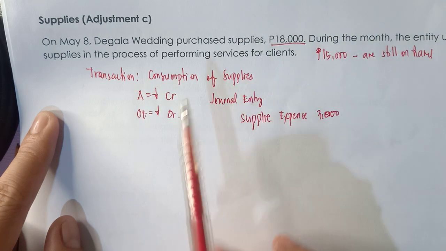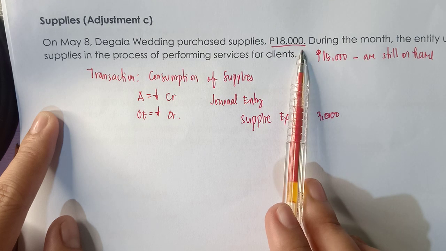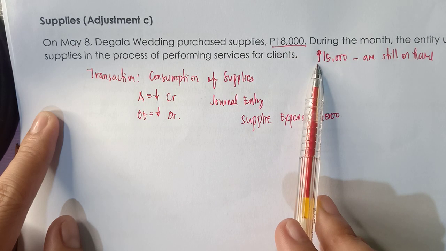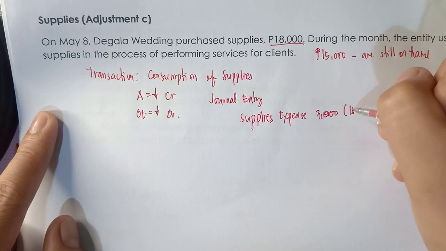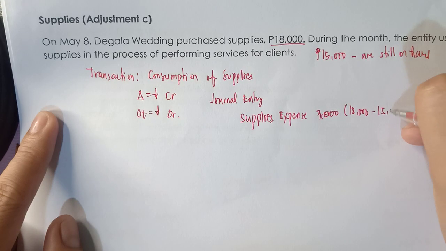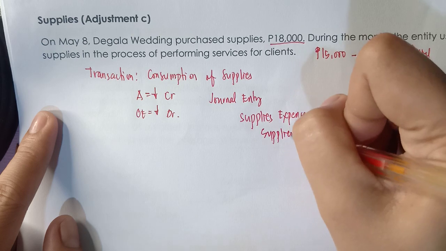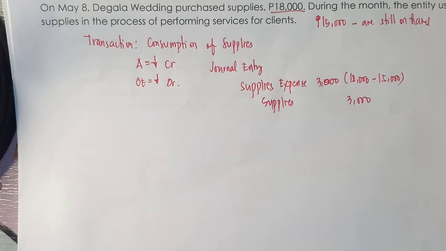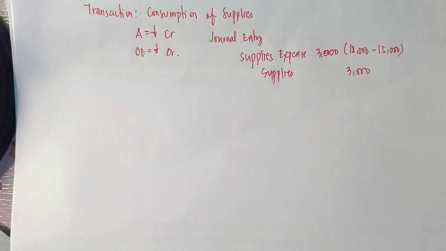Because they purchased supplies worth 18,000 but at the end, during the inventory count, there is 15,000 still on hand. Therefore, what we used is 3,000. So, supplies expense, 3,000, which is 18,000 less 15,000. And credit, what? Supplies, worth 3,000. So, that's it for our discussion of the adjustments for deferral under the prepaid expenses.